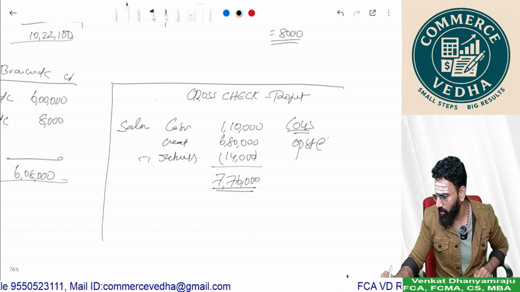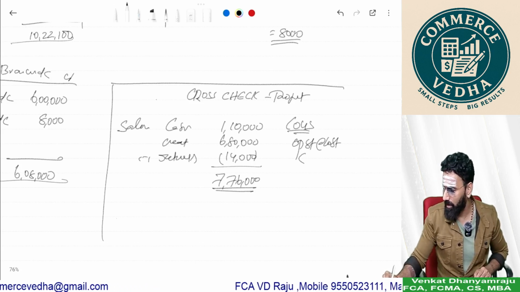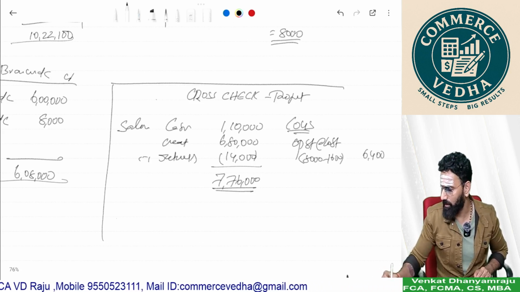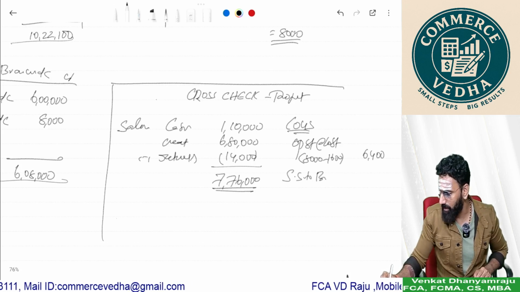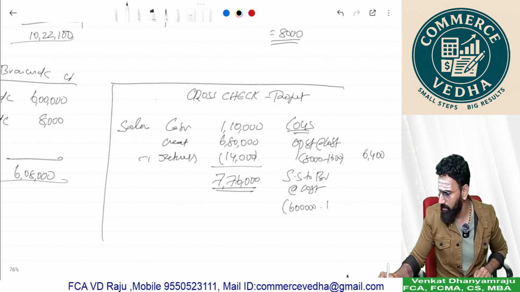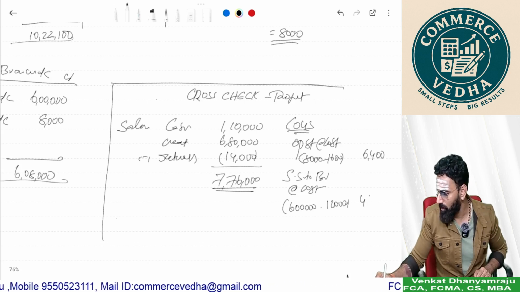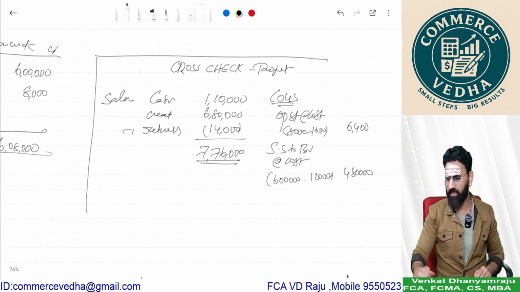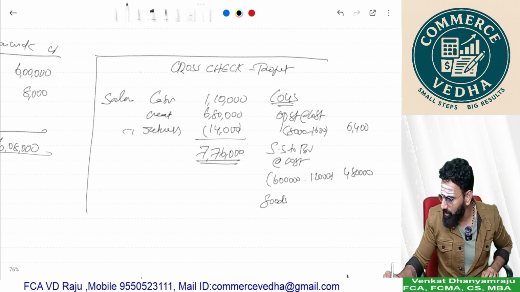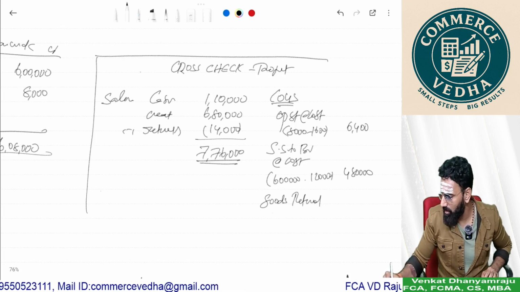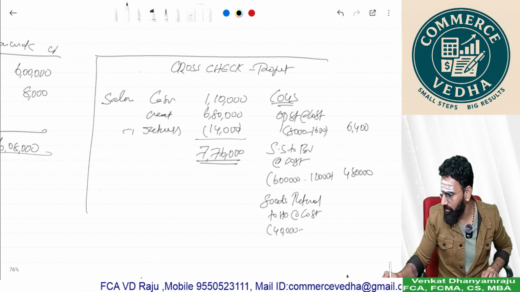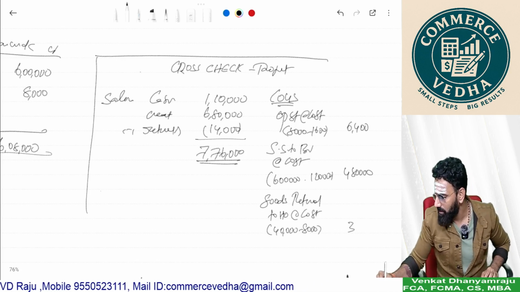Now I need to know my COGS. Opening stock at cost: 8,000 minus 1,600, 6,400. Goods sent to branch at cost, which is 6 lakhs minus 1,20,000, 4,80,000. Figures I am taking from the branch account. Goods returned to HO at cost shall be 40,000 minus 8,000, 32,000.